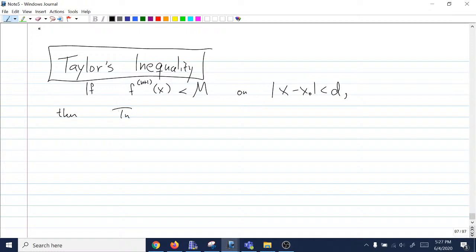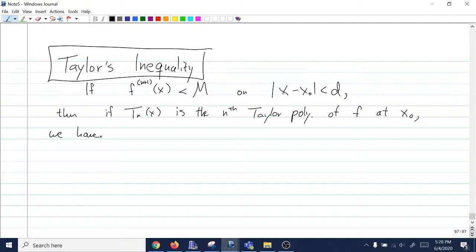Then, if t sub n of x is the nth Taylor polynomial of f at x naught, we have, and here's the big thing you need to write down, f of x minus t sub n of x is no bigger than m over n plus 1 factorial times x minus x naught to the n plus 1.